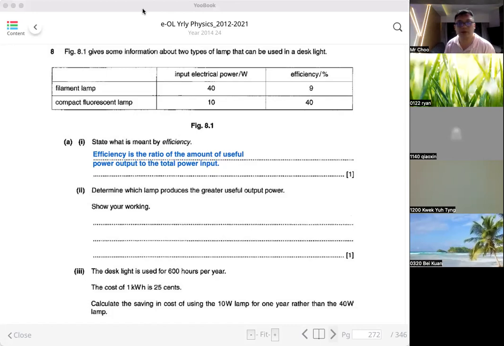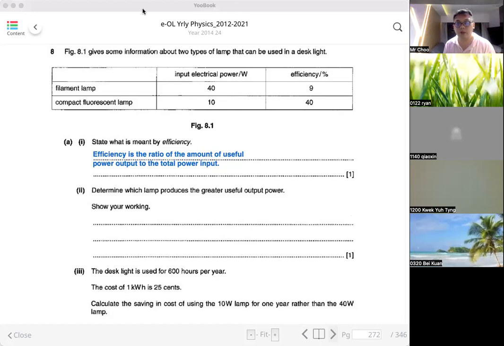Yuting, your part 1 is correct, well done. Okay, Yuting, your part 2 is correct, very good.